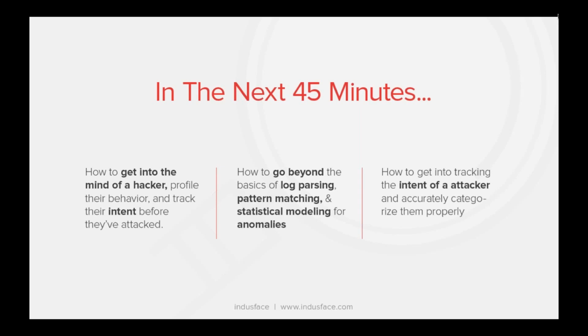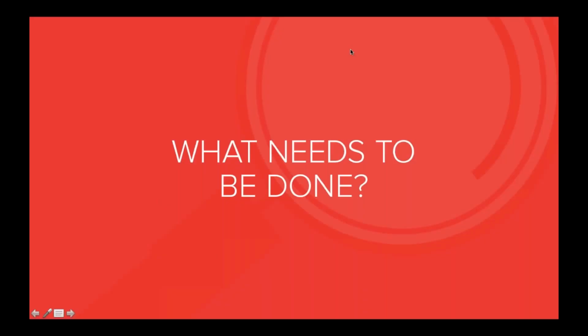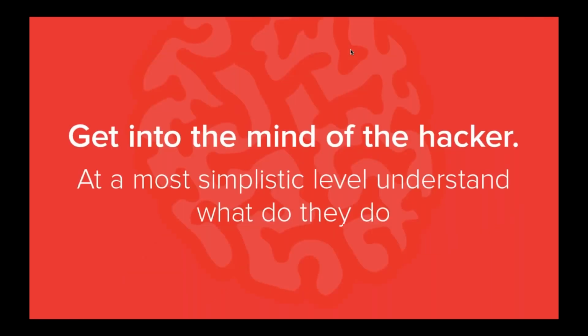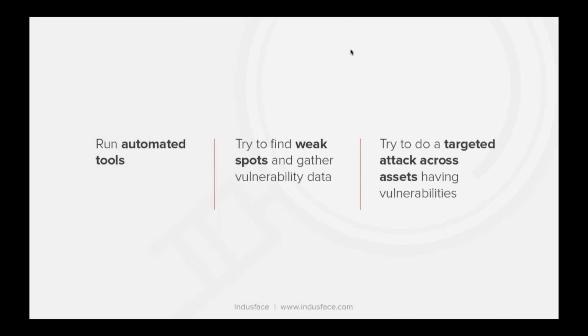So to get into the mind of the hacker, what is it that they do? What needs to be done has to be understood. At the most simplistic level, what they do is run automated tools and try to find weak spots on your websites, and they try to do a targeted attack across assets having your vulnerabilities.